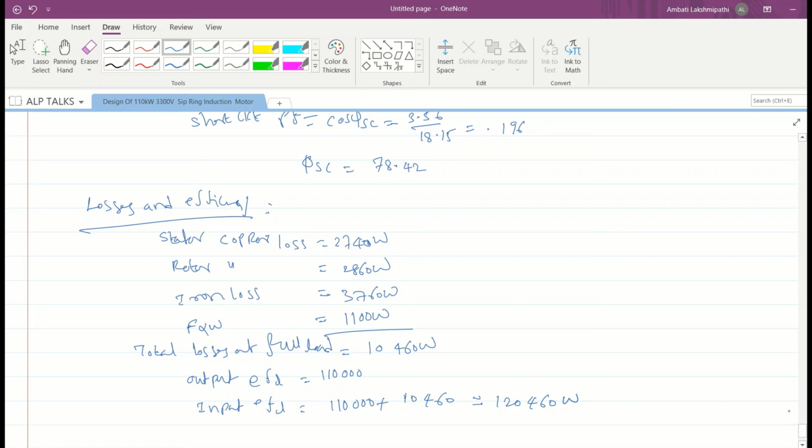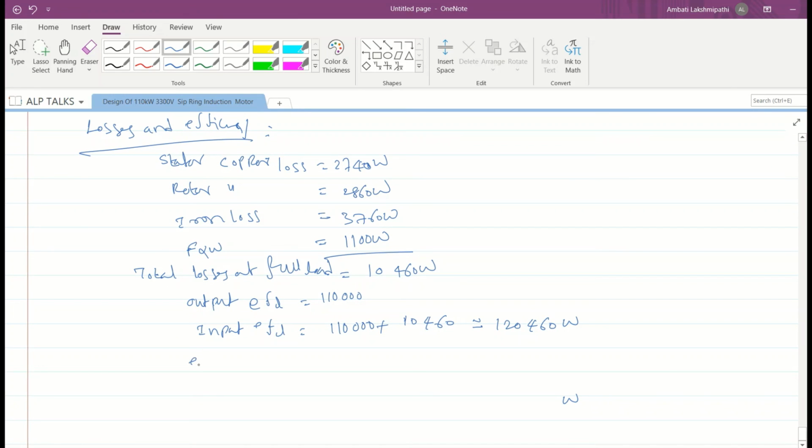So finally the efficiency at full load is output by input, 110 by 120,460, and that value comes to 91.3%. Let's subtract half a percent from it, so you will get 90.8%. Let's calculate the slip value also.